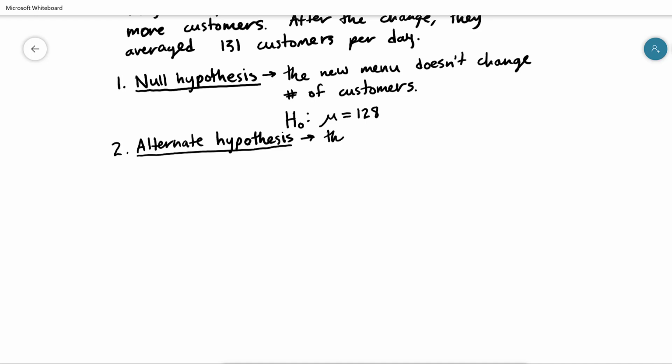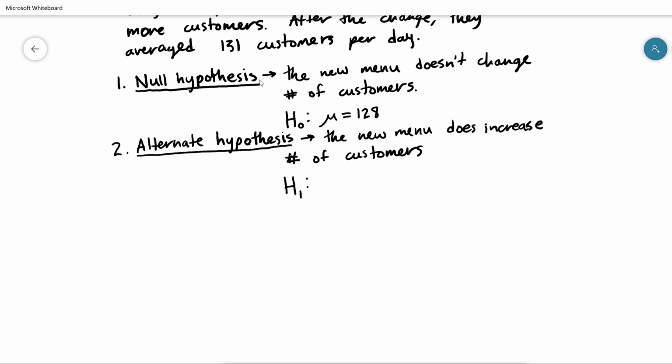So the new menu does increase the number of customers. And the notation we'll use for the alternate hypothesis is going to be a capital H with, instead of a 0, we're going to do a 1. So these are our two forms of our different hypotheses. Whenever you see an H0, we're referring to the null hypothesis. Whenever you see an H1, we're referring to the alternate hypothesis.